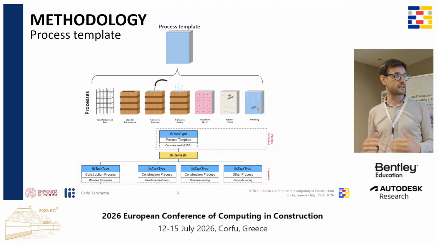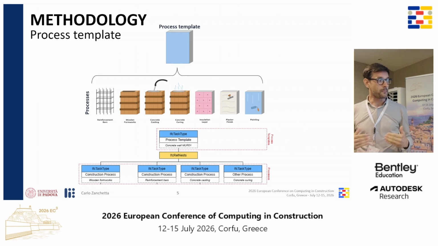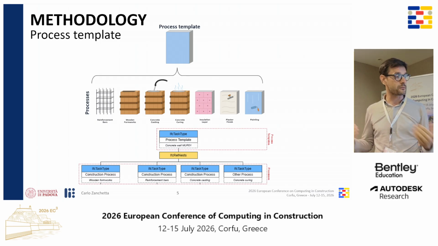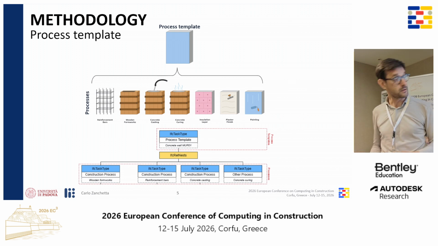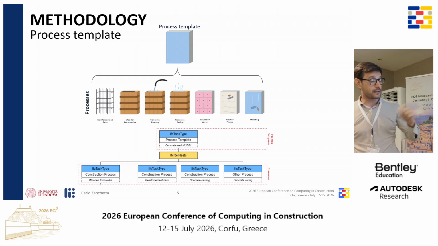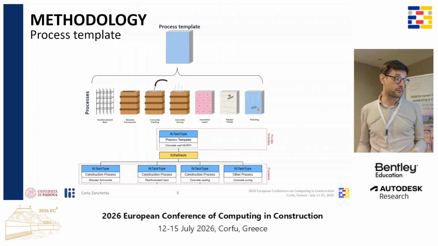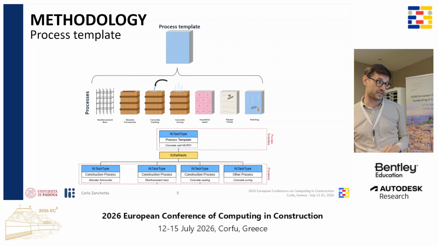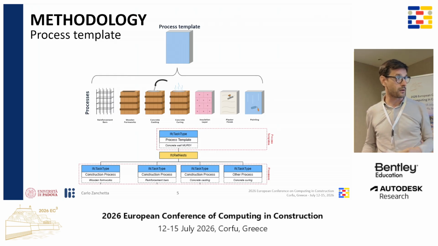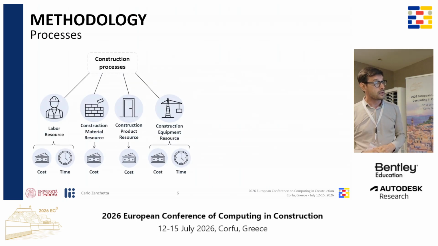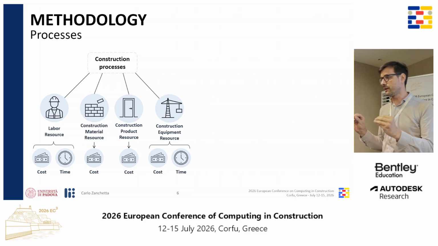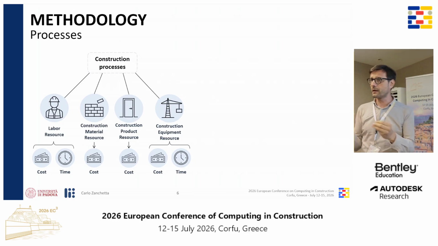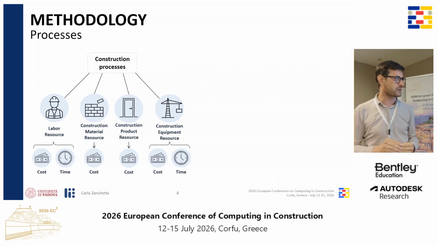So we considered a process template made of different construction processes, just working with the IFC task type. The process template can instantiate through IFC rel nests multiple construction processes, each one a part of a general process template. So in the end, this matches quite well the traditional way of considering and planning construction schedules.